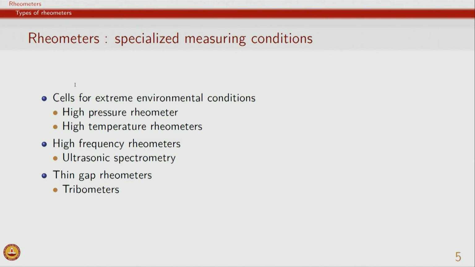And then, to finish, there are some specific cells along with rheometers which come for extreme measurement conditions. For example, if we are dealing with oil and gas exploration, we have to deal with very high pressure phenomena. So there are high pressure rheometers where you can apply extremely high pressure and then measure the properties. For example, water viscosity at the sea subsurface is very different from what we know as 1 centipoise, because the pressure is like that of 3 kilometers of water column above it.